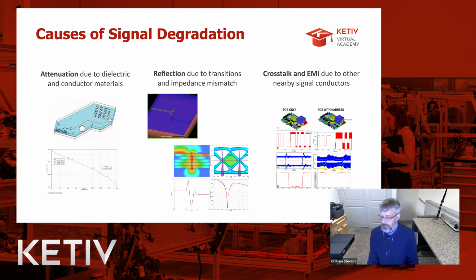So we can see here for the PCB only, we have a really nice signal, but then with the PCB with harness, all of a sudden you have a huge amount of interference due to a nearby signal conductor. So this signal integrity is all about redesigning signal paths, double checking shielding, etc.